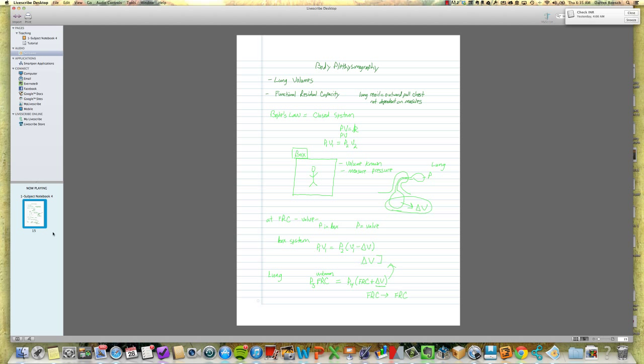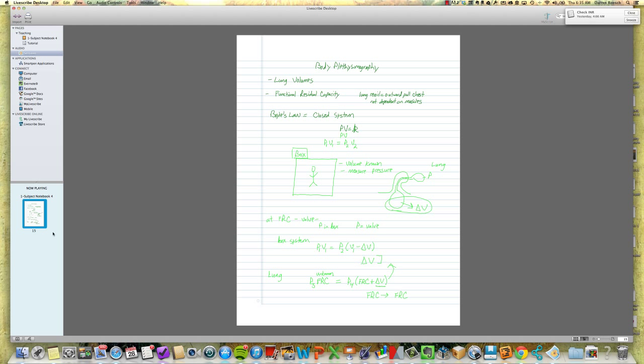To measure functional residual capacity with body plethysmography requires the use of Boyle's law. Boyle's law is a pressure-volume law that applies to a closed system. And Boyle's law states that in a closed system, pressure and volume are inversely related.